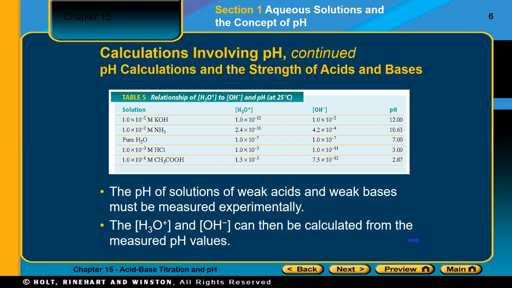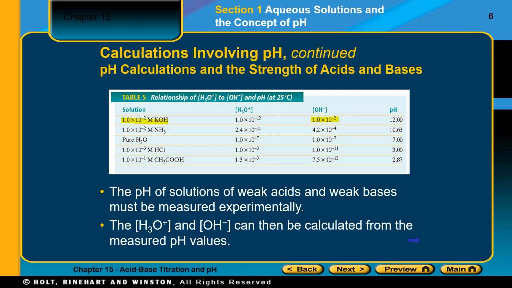Looking at the first one right here, we find out that the hydroxide ion concentration when it ionizes is going to be equal to the concentration of the whole formula unit, potassium hydroxide. And so that means that the hydroxide ion concentration over here will be the same as the concentration of the potassium hydroxide.